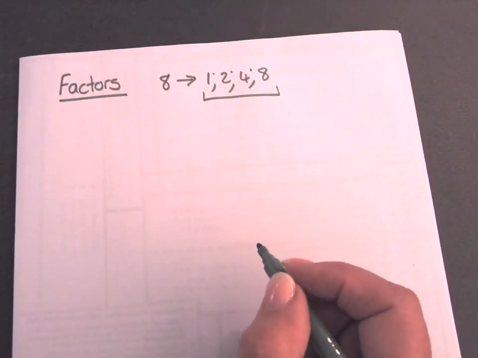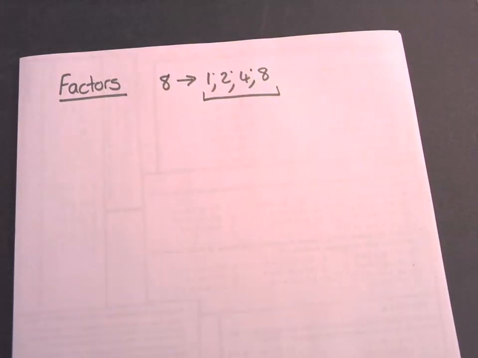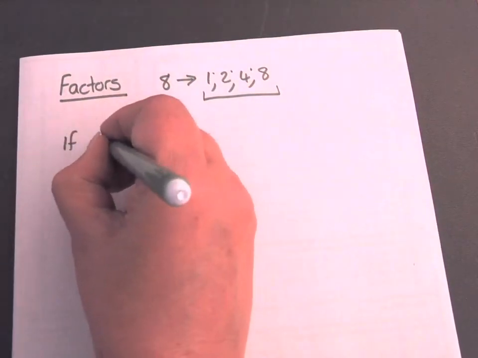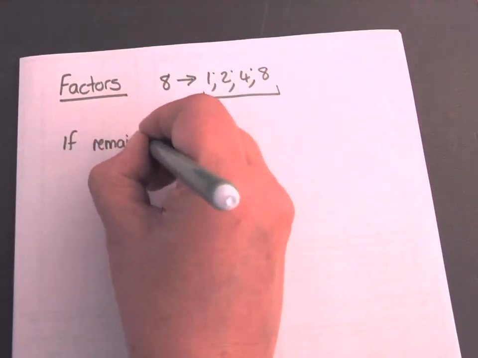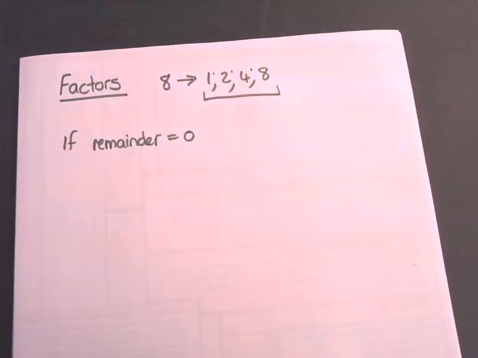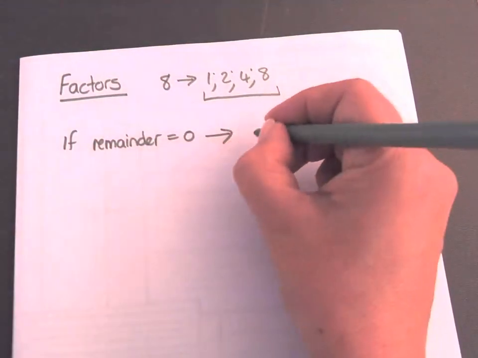When do we know that it's a factor? When there's no remainder. So if the remainder is 0, we have a factor.